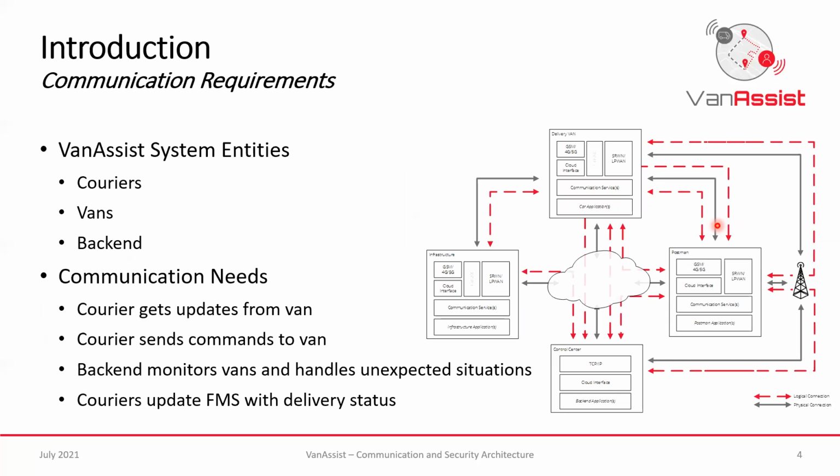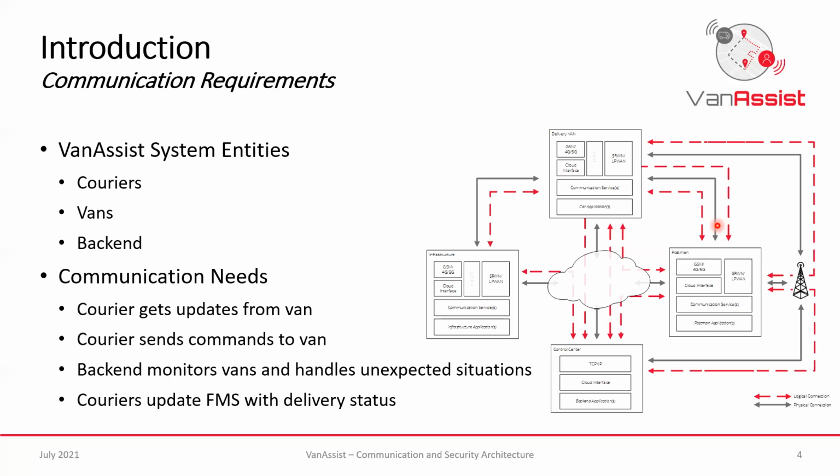For such a system, we want to talk about the communication requirements. As we saw, there are some entities in the system. The system entities are couriers, which are the users of the system, and their task is to deliver the parcels in the delivery area.